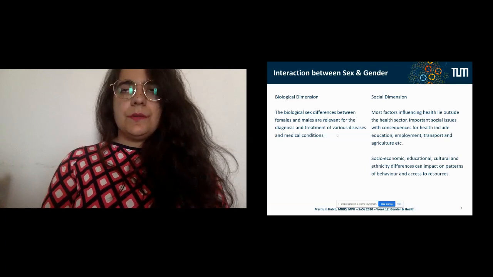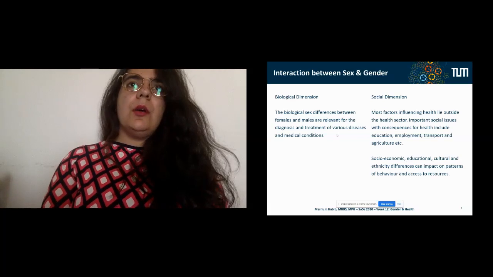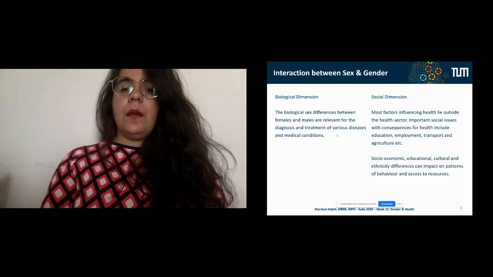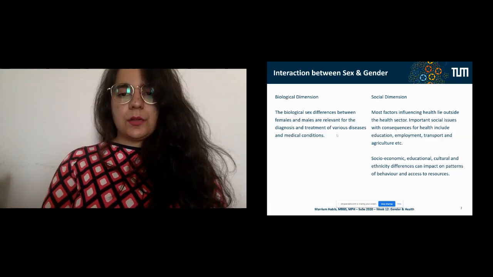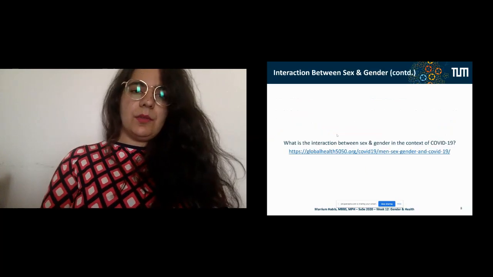Important social issues, for example, in today's day and age, are education, employment, transport, and agriculture, all of which encompass gender for men and for women in a different way. Socioeconomic, educational, cultural, and ethnicity differences can impact patterns of behavior and access to resources.